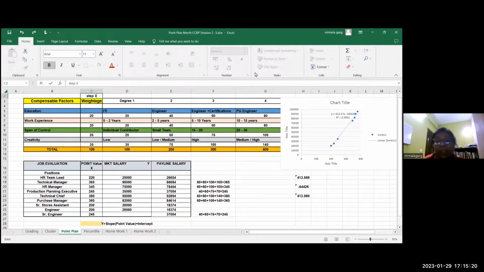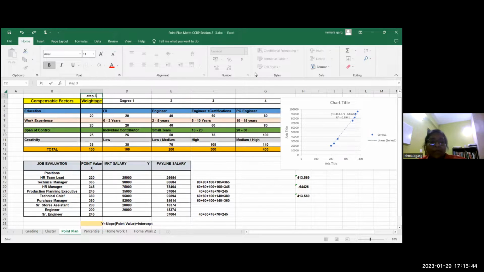So depending on the requirement or the intensity of that compensable factor, you have assigned the degree and the points thereof. Then you have calculated the total point value, which has all the points for the 4 compensable factors. That's how you must have done, right?